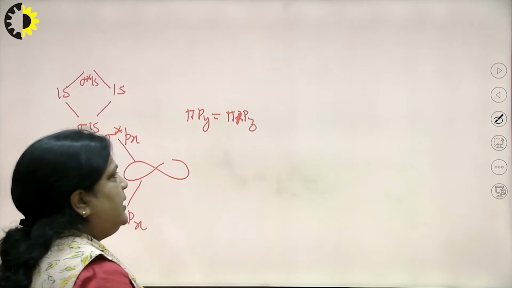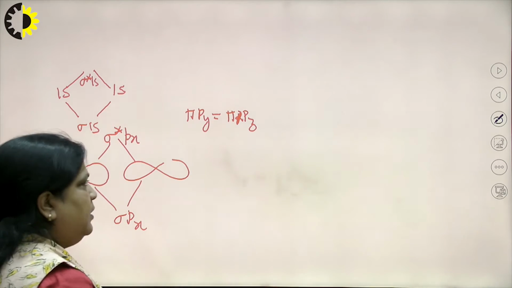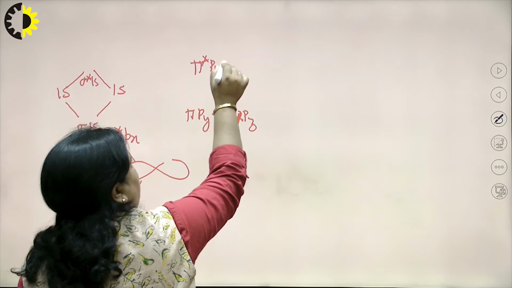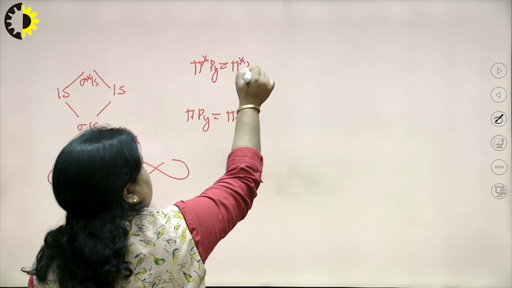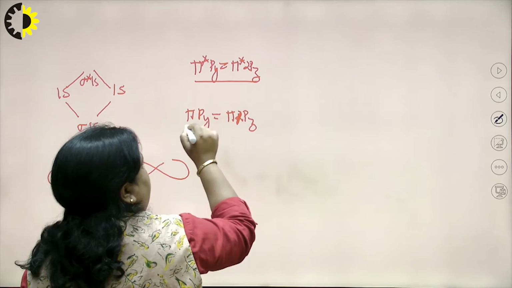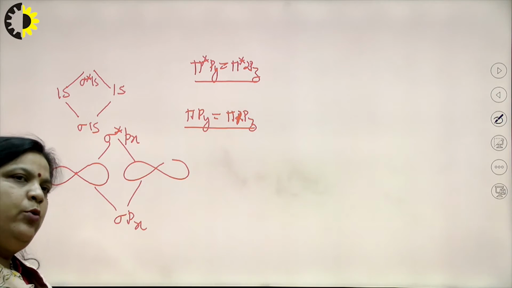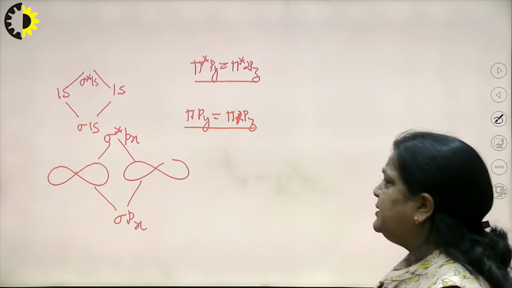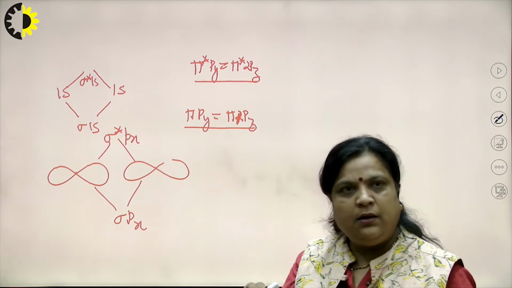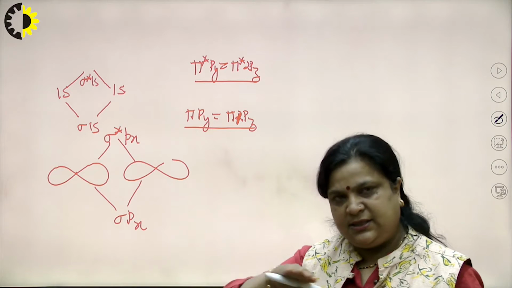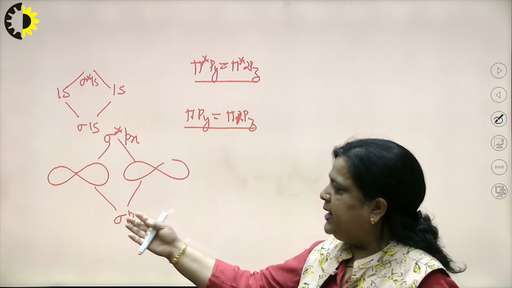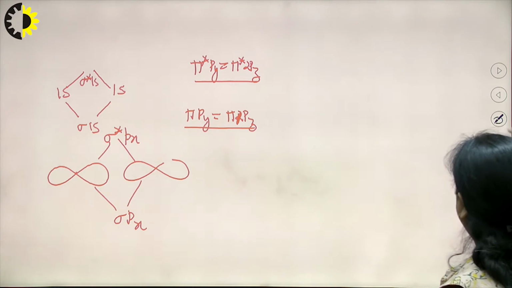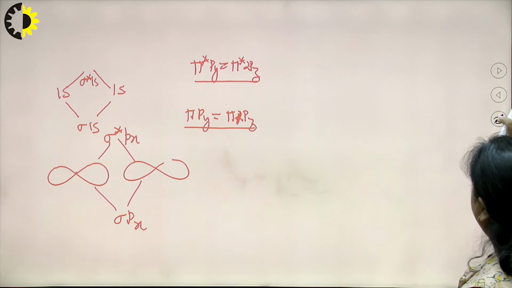So pi py is equal to pi pz, and then pi star py and pi star pz. The p atomic orbitals which form pi bonds will be of equal energy, pi py and pi pz, and it is not necessary that it is px; if I assume that the axis is pz, we can write sigma pz and then pi py and pi px.